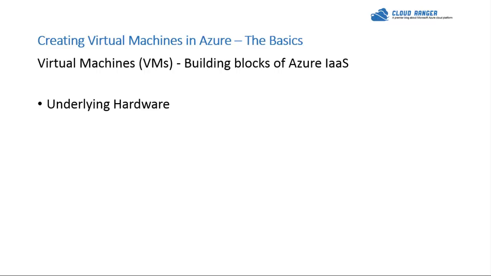And in our scenario here, the underlying hardware is obviously provided to you by Microsoft Azure. And that's something that's beneficial for being in a cloud, that you don't have to go right now and spec out servers and do anything as such. It's already taken care of for you.